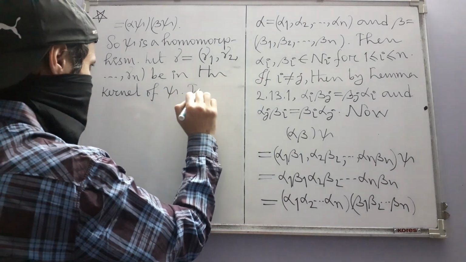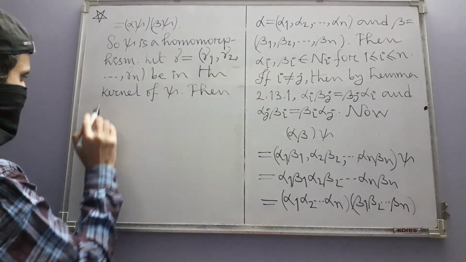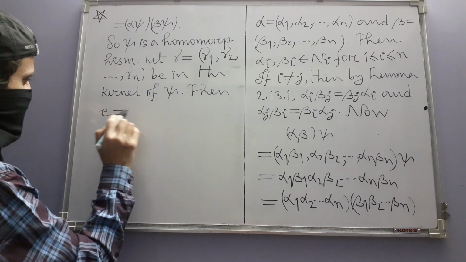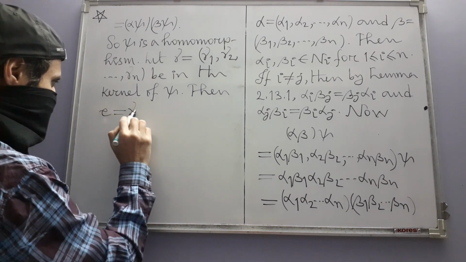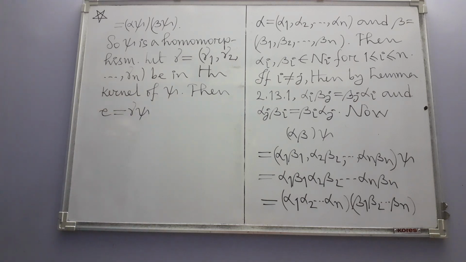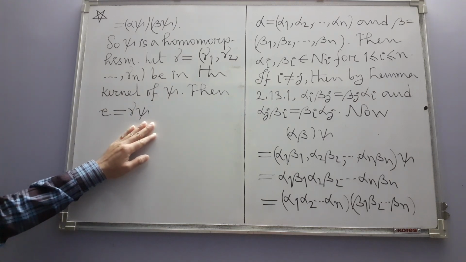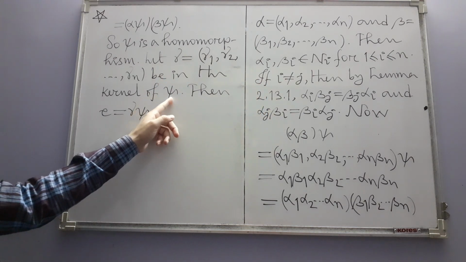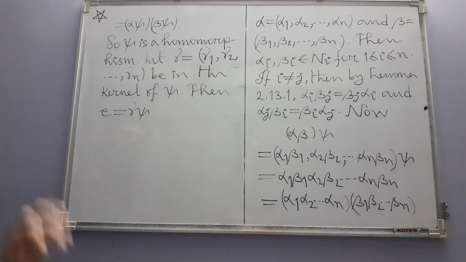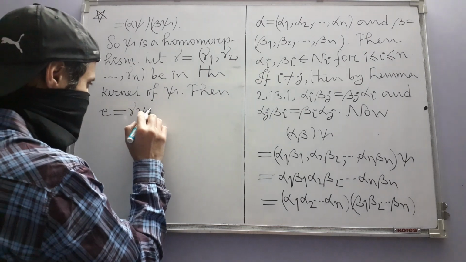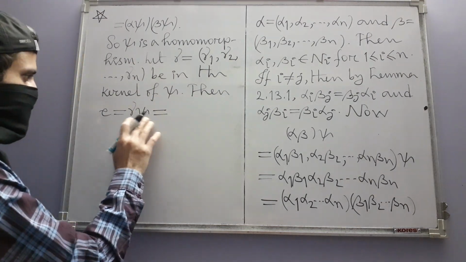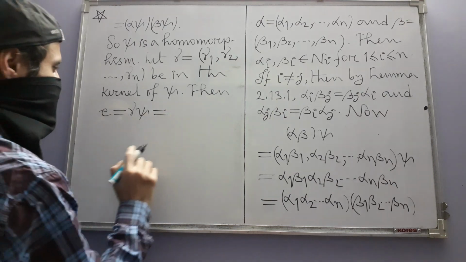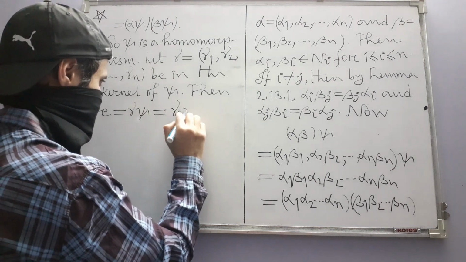Then we are going to have the identity element when we apply psi on gamma. That's what we have when we have a kernel element, and on the kernel element we apply the homomorphism in question. We get the identity element. That is one thing, and the other thing is that we can of course write what we are actually going to get here from the definition of psi, which is this.